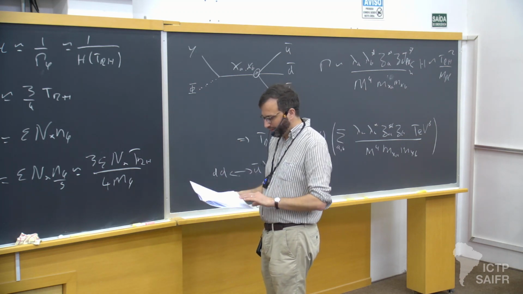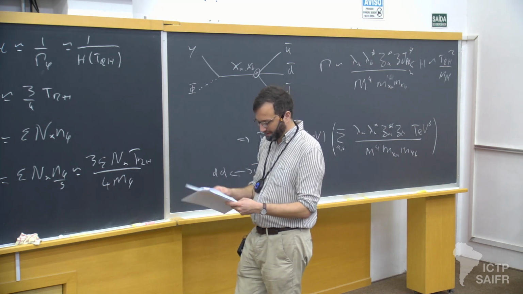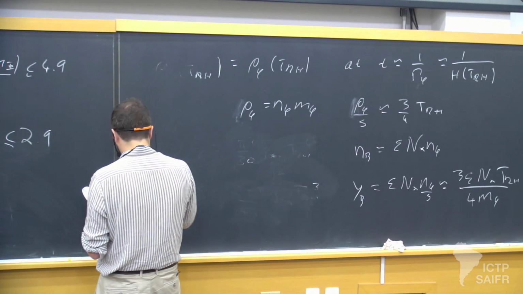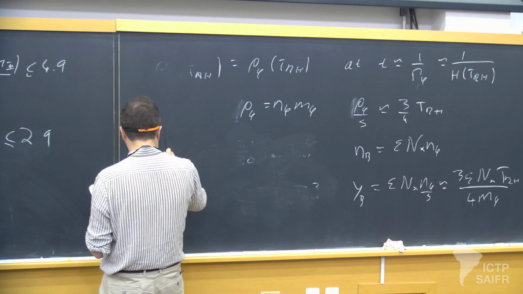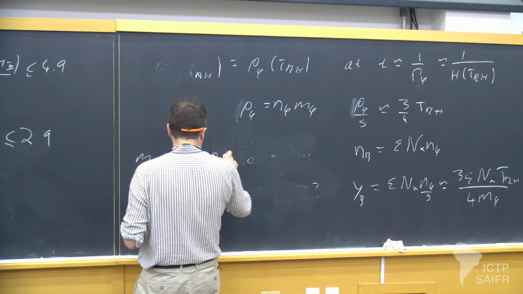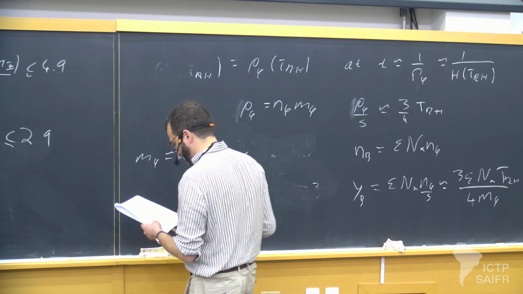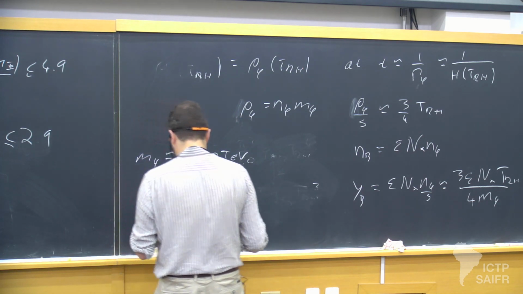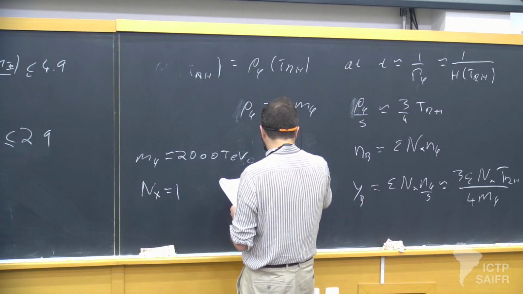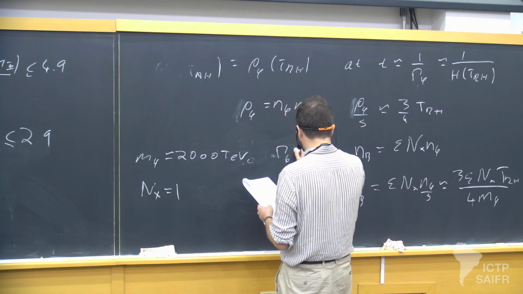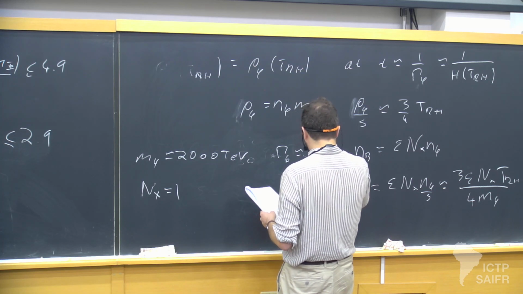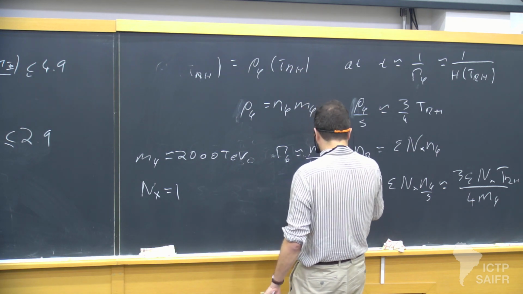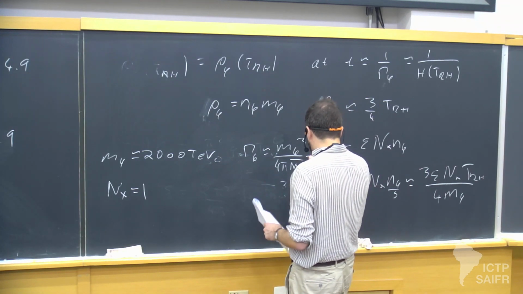So in principle, okay, for example, in the original paper, they give an example where M phi, let me put some numbers, 2000 TeV, this long-lived scalar, average 1x produced in each decay, and they assume that gamma phi is of the order of M phi cubed on 4 pi reduced Planck mass squared, okay?